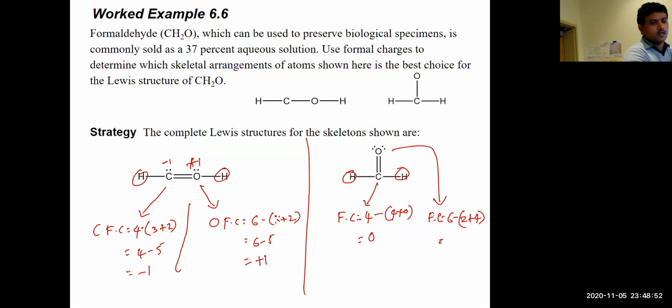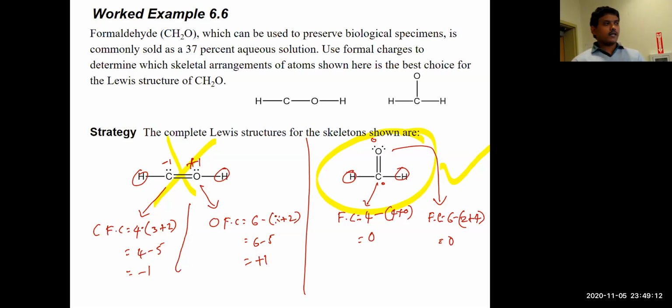Formal charge is 0. So the structure here has 0 formal charges on both elements, and the structure here has +1 and -1. So this one is least preferred and this one is preferred.